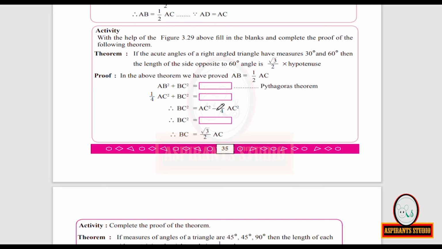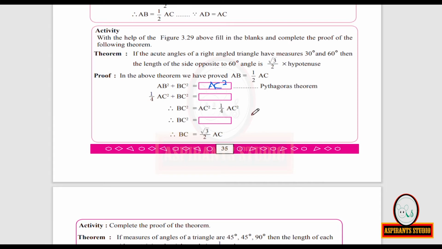By Pythagoras theorem, in the same triangle you have to apply Pythagoras theorem. AC is the hypotenuse, so AB square plus BC square is equal to AC square. Now instead of AB you substitute half of AC.